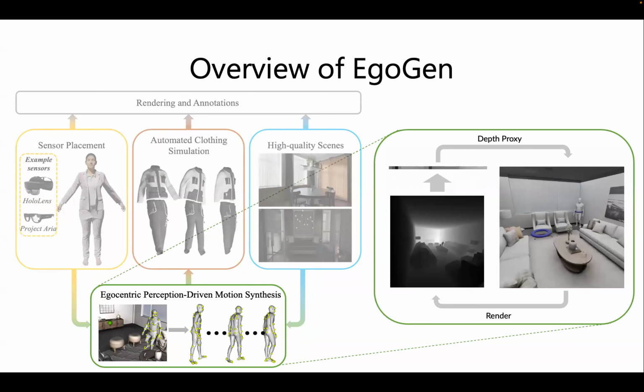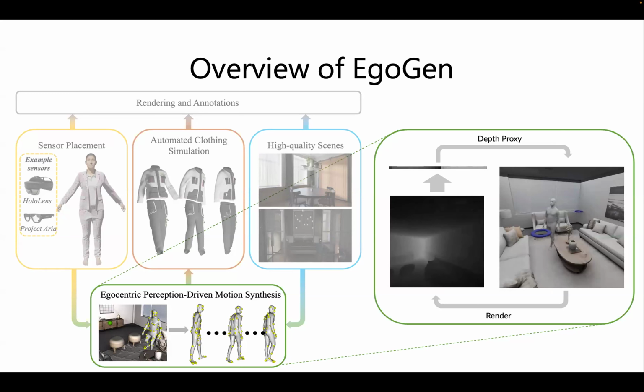And at the core of EgoGen is an egocentric perception-driven motion synthesis. So what does it mean? There are different ways to encode a scene or contextual information into the motion model, right? For EgoGen, we say the way the virtual human perceives the world is by egocentric perception.